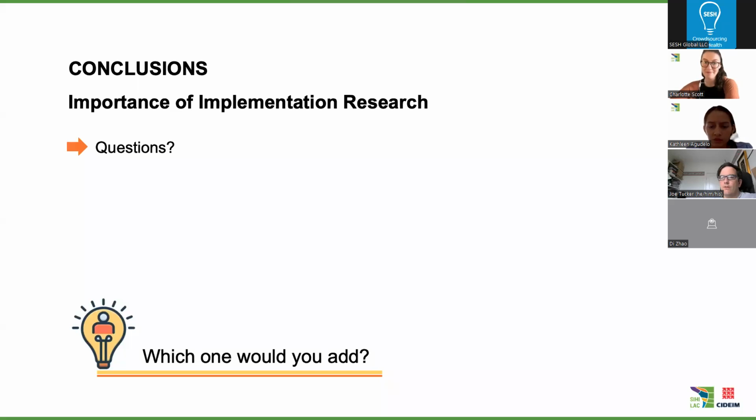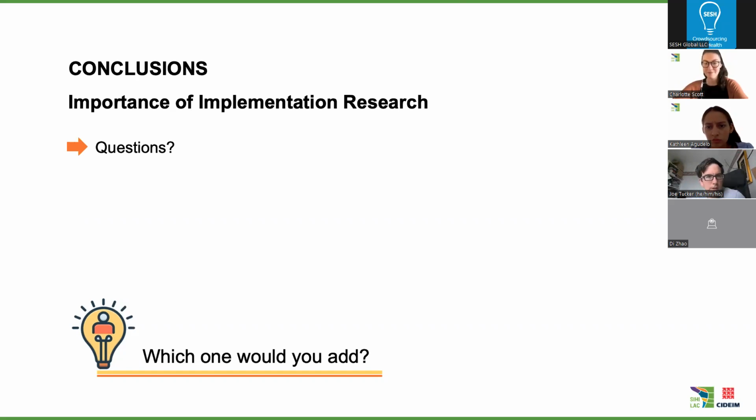There are a lot of acronyms for these conceptual approaches. A common one is called RE-AIM. I just put the URL in. And another framework for thinking about measuring implementation research outcomes is called CFIR.